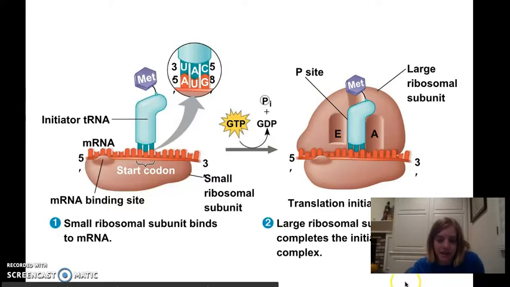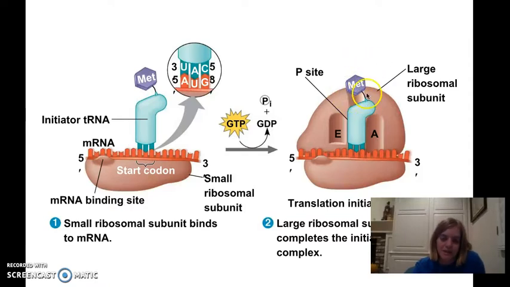So at the end of initiation, the first tRNA can be found at the P site, and the A site is available and waiting for the next tRNA to come. So you can see that this tRNA, once again, has the code for the amino acid methionine.